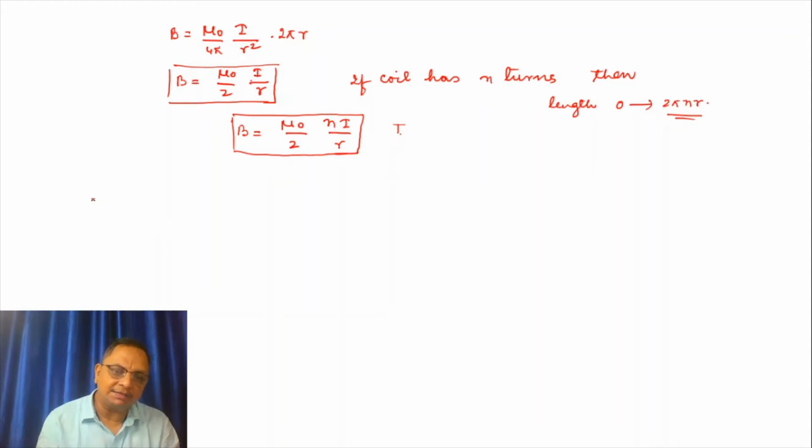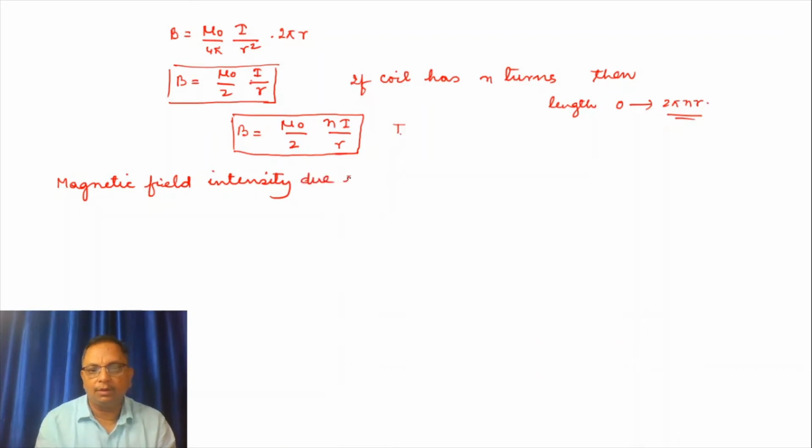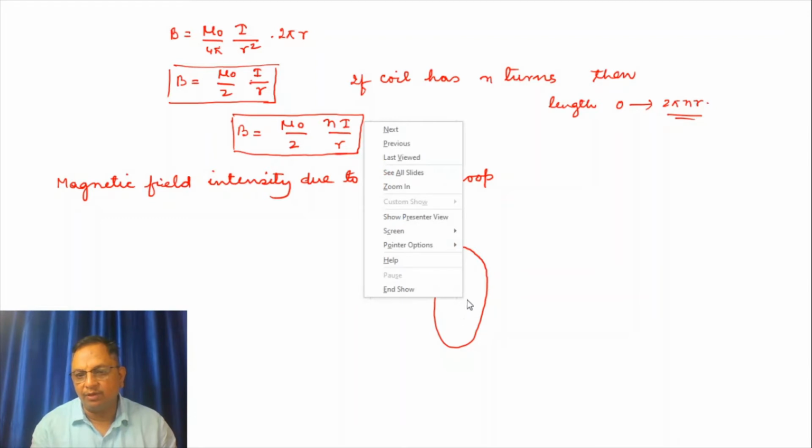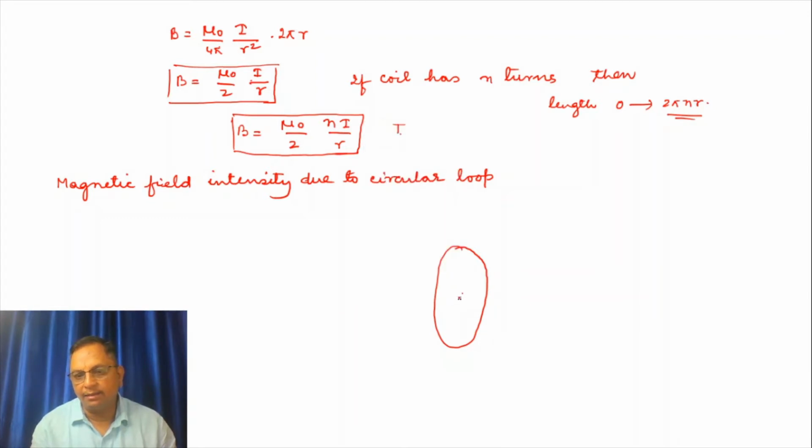Now the second application, magnetic field intensity due to a circular loop. Let's see. We consider a loop. It is a circular loop, and we take the center of the loop and draw a line.